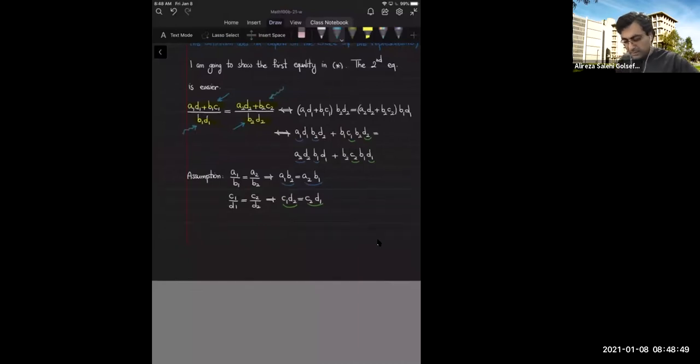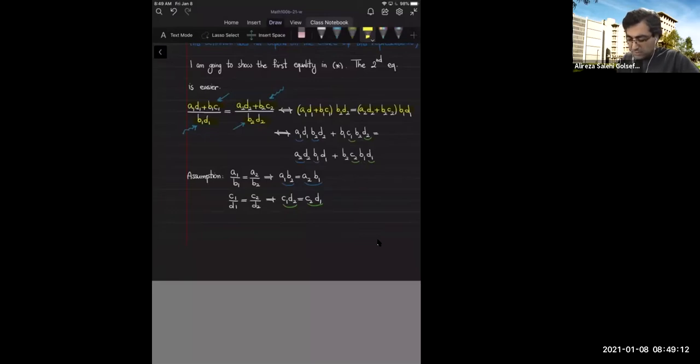So that means I need to check this equality. The numerator of the first one times the denominator of the second one. Why is this one the same as the numerator of the second one times the denominator of the first one? Let's distribute. Of course, the first equality holds if and only if after distribution the equality holds.